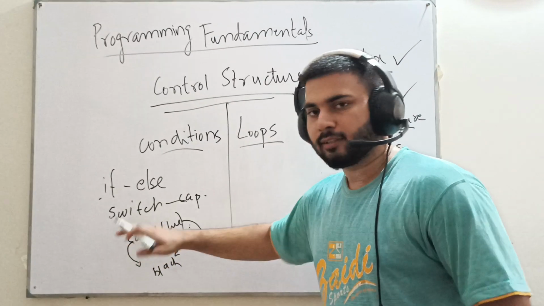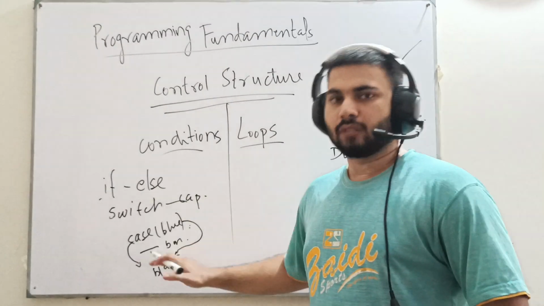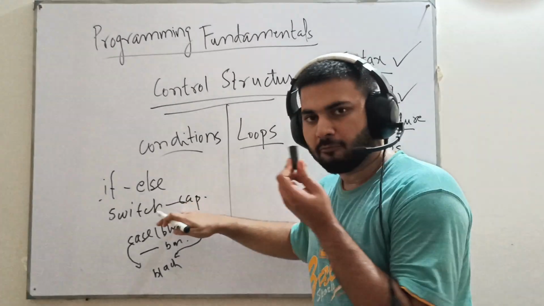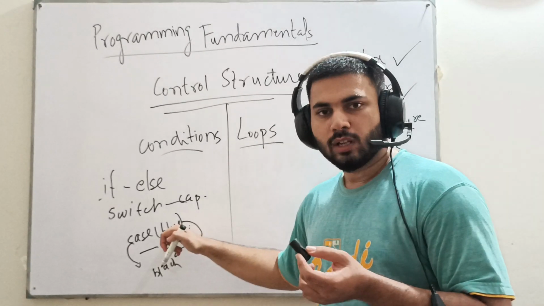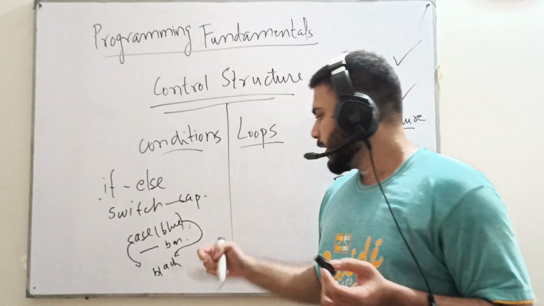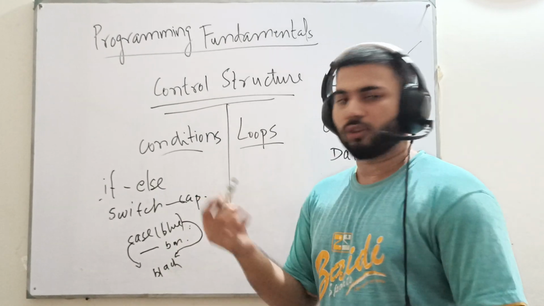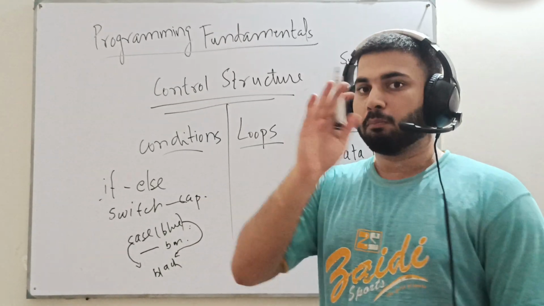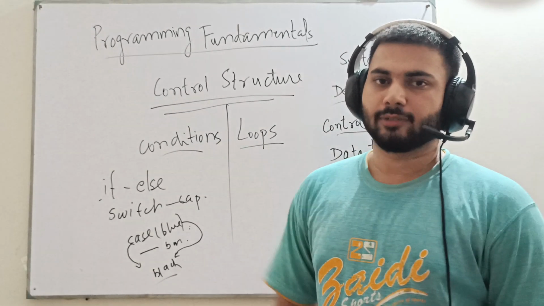So if you're given a value, compare it to the other values. If your value is equal to blue, then it belongs to the blue marker. If it is black, then it belongs to the black marker. But if you run this, it's gonna give you error. Why?